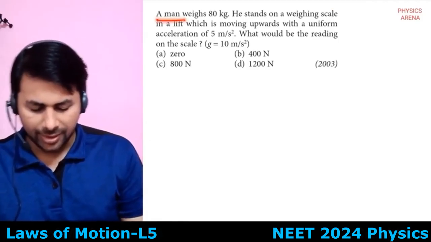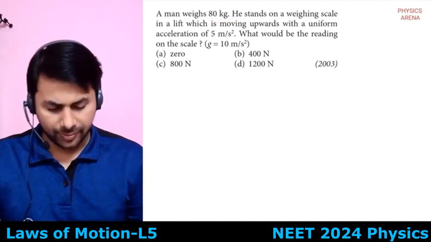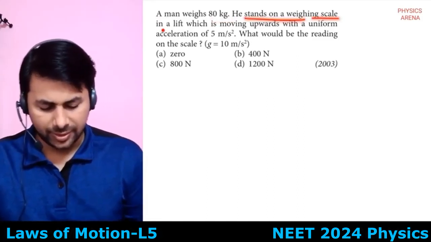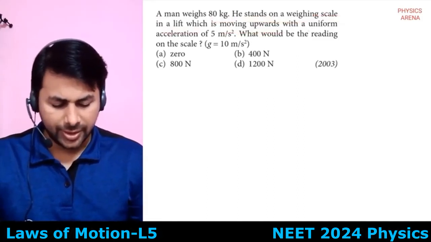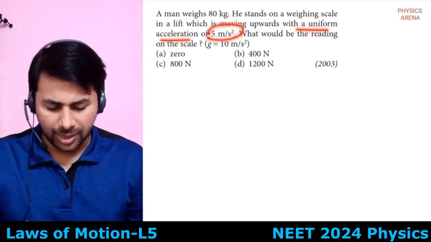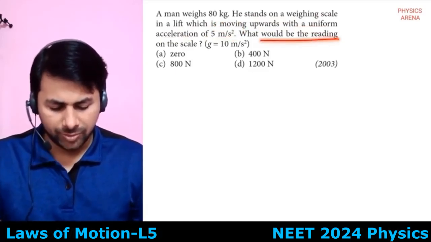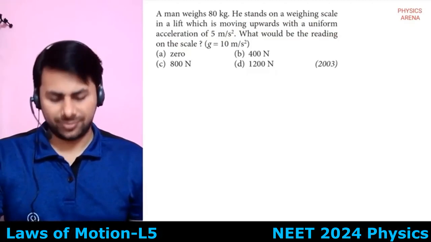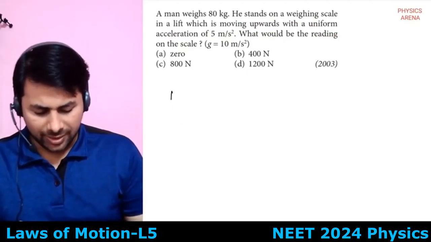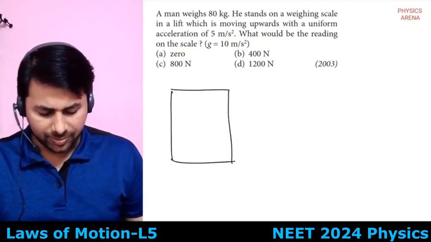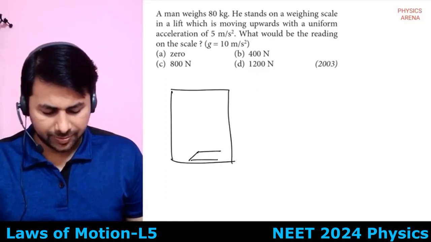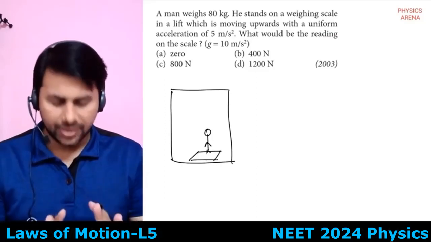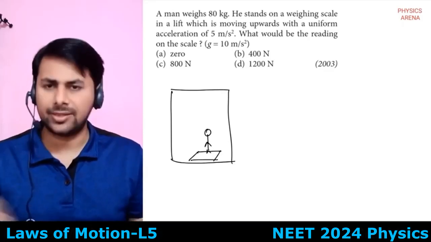Let's see the next one. A man weighs 80 kg. He stands on a weighing scale in a lift, which is moving upwards with a uniform acceleration of 5 meters per second squared. What would be the reading on the scale? So the man is inside the lift, and there is a weighing scale. Now just think about the man and that weighing scale.